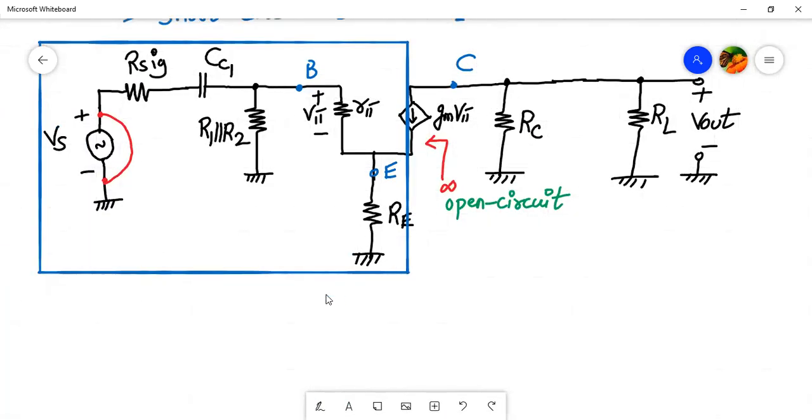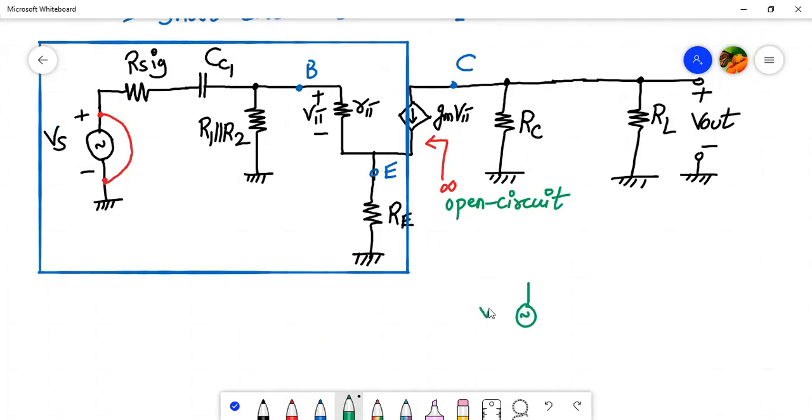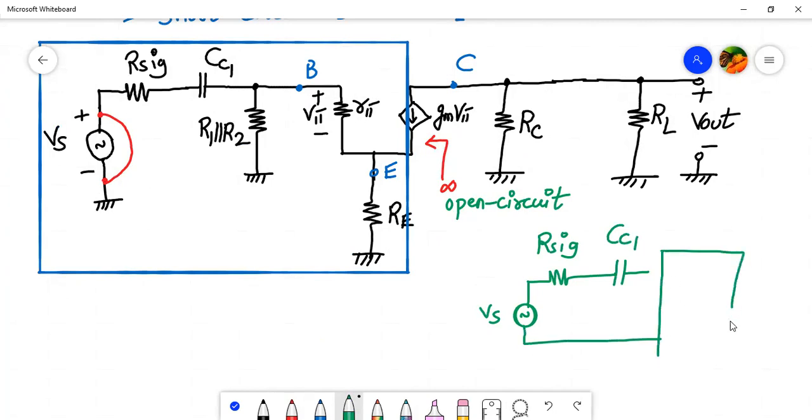Now, do you remember this is similar to what we have done before, right? Let me just refresh the memory. So let me draw the voltage source VS and then the internal resistance R sig. Then we have a capacitor CC1 and then this is connected to a system. So this is my system.